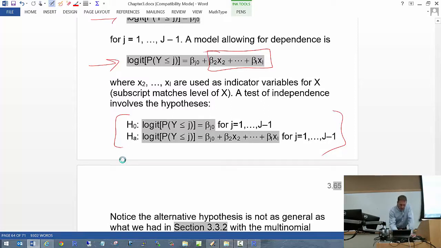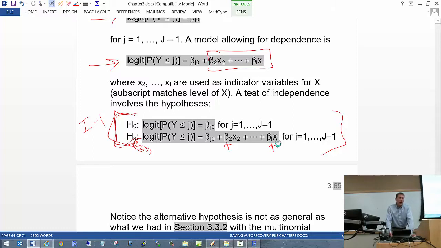Now, what will be the degrees of freedom for this test here? I minus 1. Okay? Because notice what you're doing here.